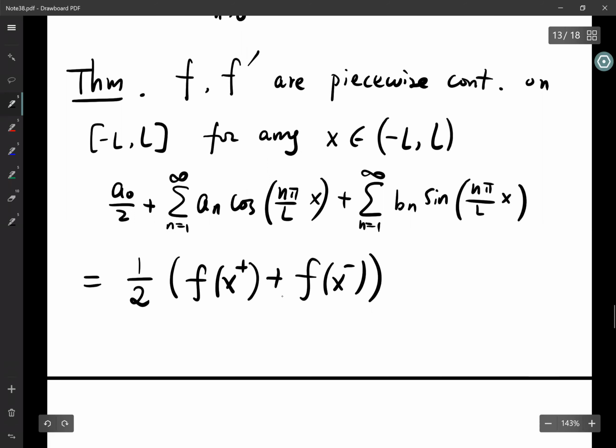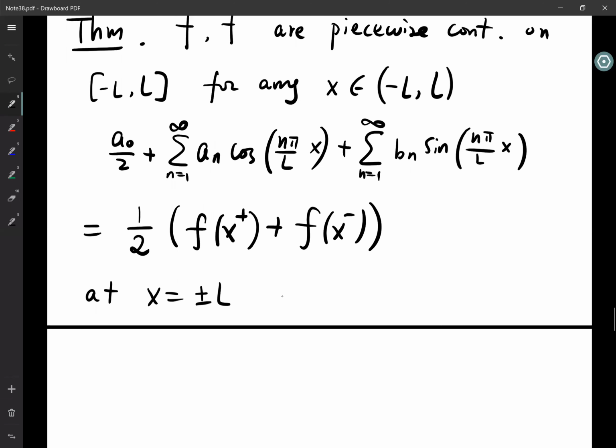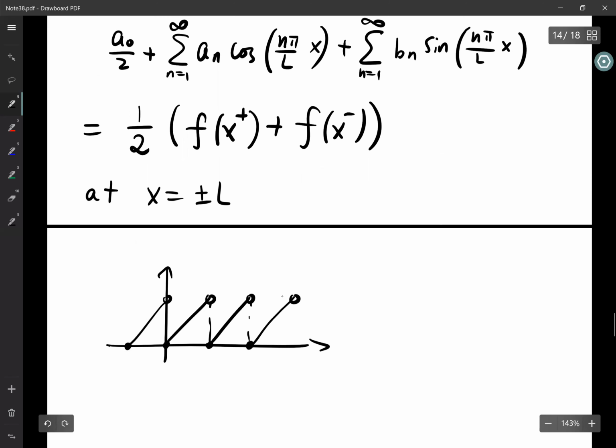And there's also the case at x equals plus or minus L. This is the boundary. So how do you think about the boundary? You should really think in terms of a periodic function. If I have a periodic function, let's say the function here, this function you have seen before, the period is 1.